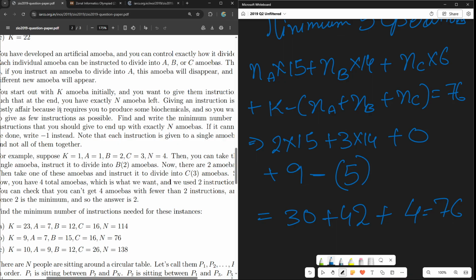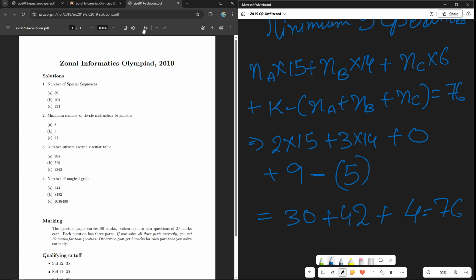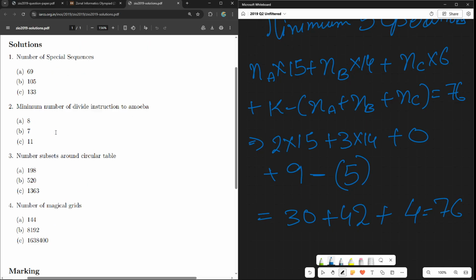2019, and the minimum number of instructions for this is 5. Is 5 correct? The minimum number of divide instructions to a whole bar is 7. How did we get 7? Let me see.